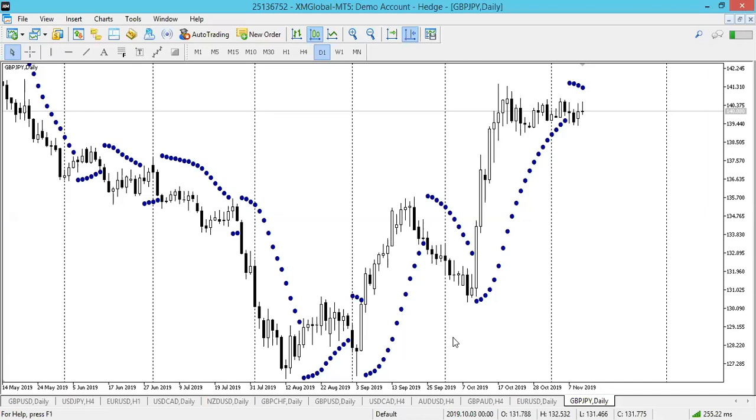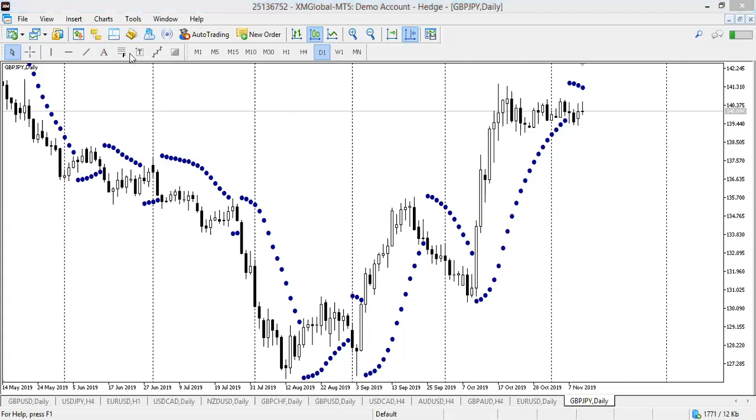Hindi natin alam kung saan ilalagay. Recent high, recent low, ilalim ng candlestick, taas ng candlestick, no? Gawa ka ng mga kung ano-anong magic levels mo para malagyan ng stop loss or random. Kumbaga, nag-set ka na lang, basta automatic, 30 pips, stop loss ko yan. Yung mga ganun. If you're having some difficulty with your stop losses, why don't you try yung PSAR? That might be a better option for you to use.